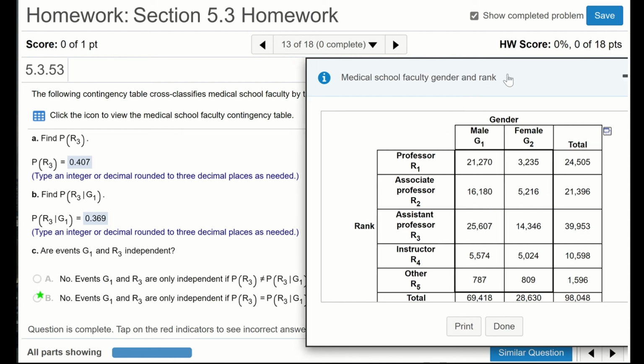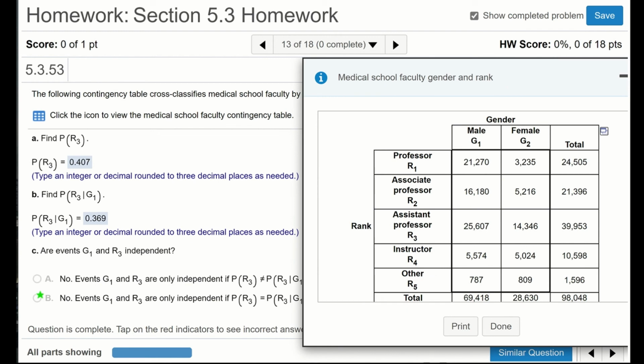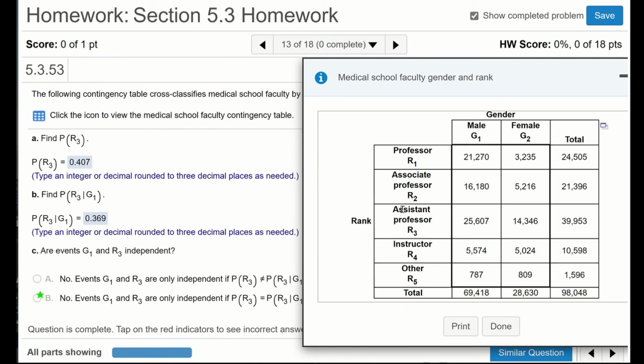So here we go. Notice that assistant professors of both genders make up 39,953 total individuals out of 98,048 total. So we're going to go ahead and compute that now.